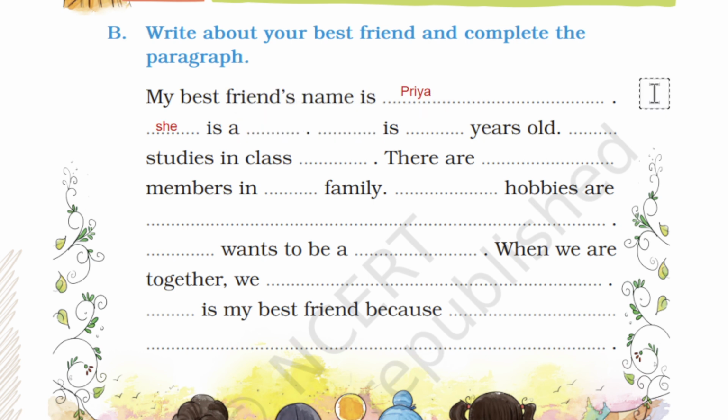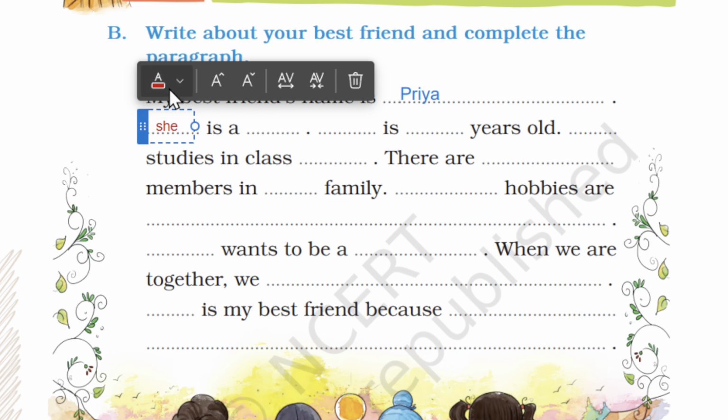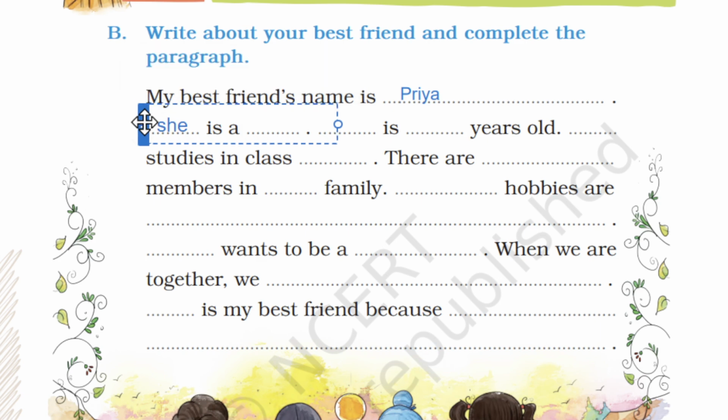One minute, I will change the color. Okay, I'm just changing the color, or I'll increase maybe the font size. Blue. Okay, I think this is better. A little bigger in size. Okay, this is visible. Okay, so my best friend's name is Priya.